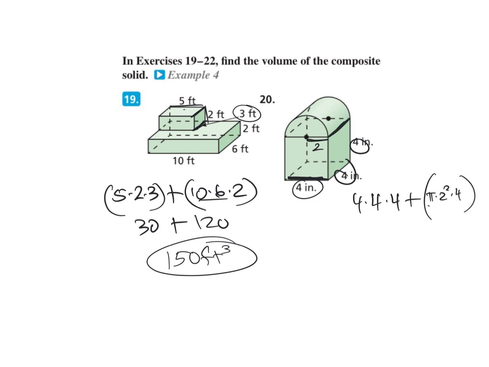But we only have half the cylinder, so we have to divide it by 2 when we're done. 2 squared is 4, times 4 is 16. 16 divided by 2 is 8, so take 8 times pi. That's 25.13. And 4 times 4 times 4 is 64. So we add that together and we get 89.13 cubic inches.